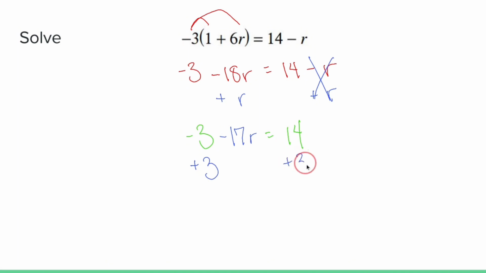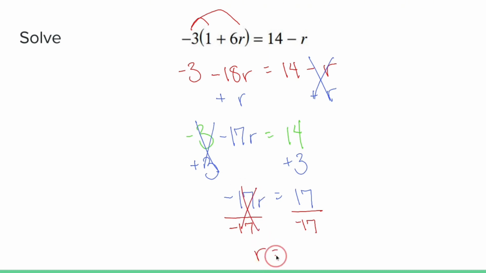Drop down negative 17r, drop down positive 17, and in order to get r all by itself, we have to get rid of the negative 17 that's being multiplied to r. So let's divide both sides by negative 17, and r is going to equal 17 divided by its negative self, negative 1.